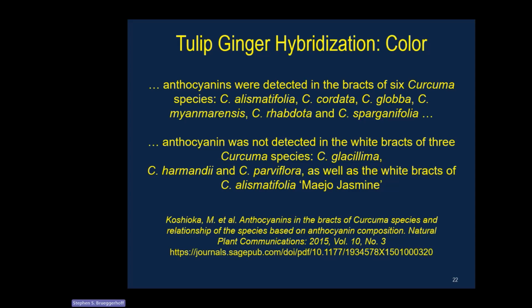Anthocyanin was not detected in the white bracts of 3 species, as well as the white bracts of Alismatifolia, Mysore Jasmine. So again, these basic 6 species is where we get a lot of different coloration from. They've been hybridized with those individual species. Those that do not have coloration were developed from these remaining species that I have on this list.